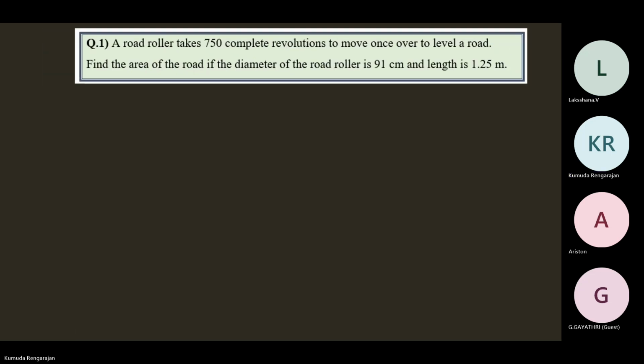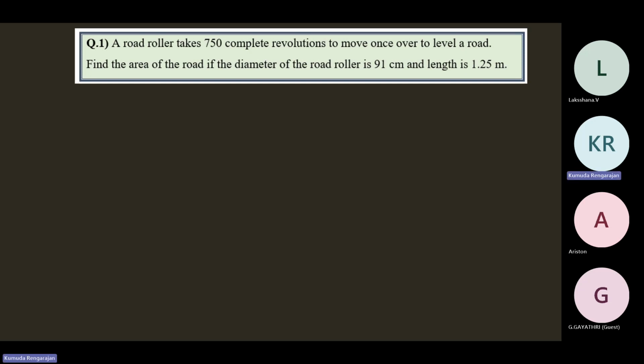So a road roller takes 750 complete revolutions to move once over to level a road. If the road has to be leveled, the road roller has to make 750 complete revolutions.